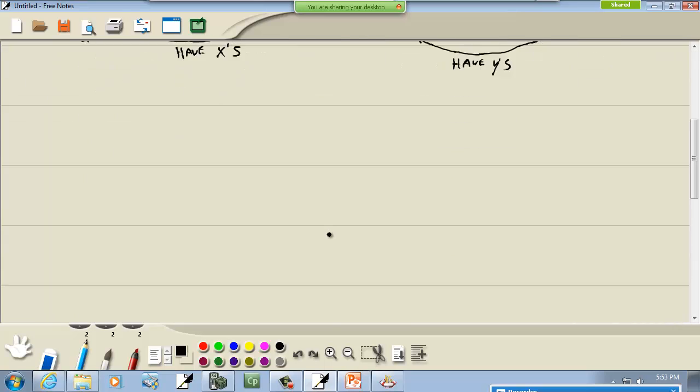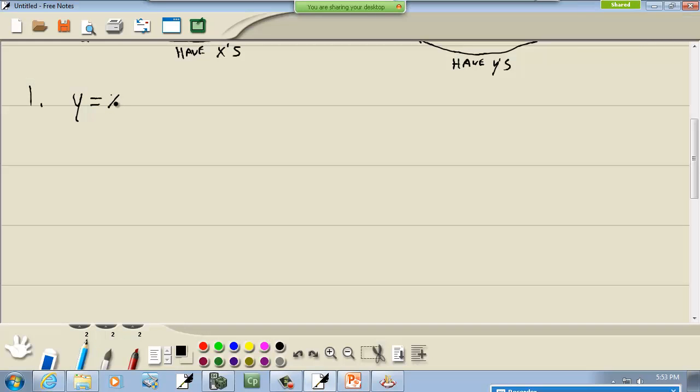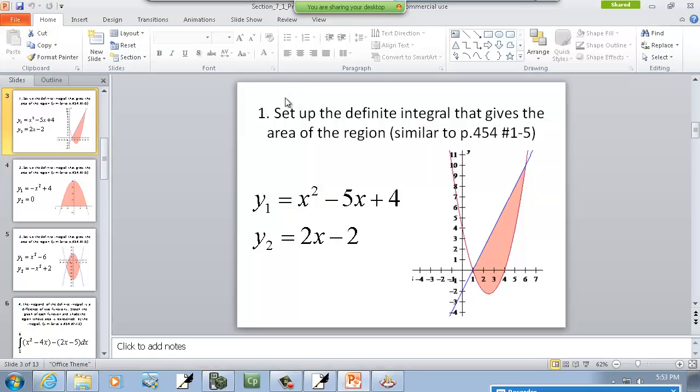So let's look at this problem now. We got y equals x squared minus 5x plus 4. And we got y is equal to 2x minus 2. And we're wanting to find this area.